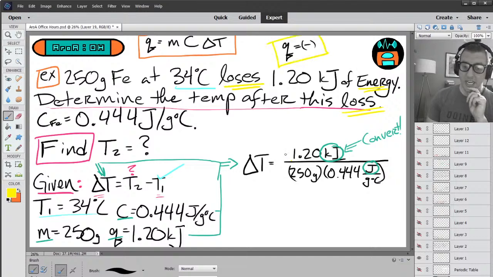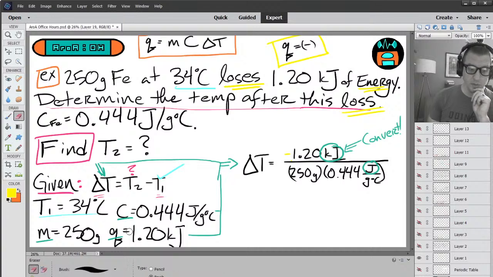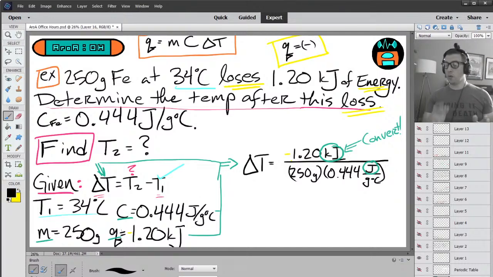And if you plug in a positive value for Q, you will not get the correct answer. Because Q is not a positive number, we've lost energy. So Q does not equal 1.20 kilojoules of energy. It equals negative 1.20 kilojoules of energy.